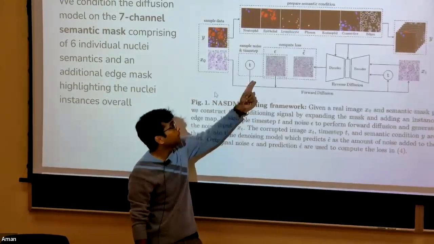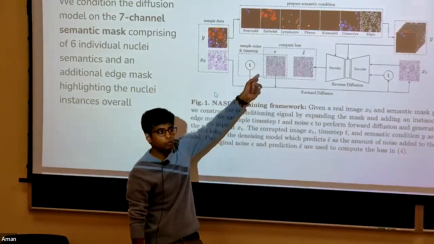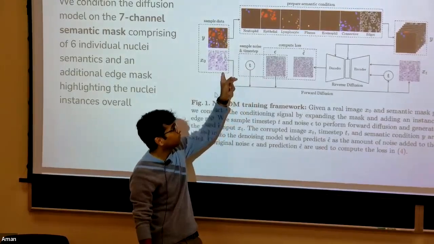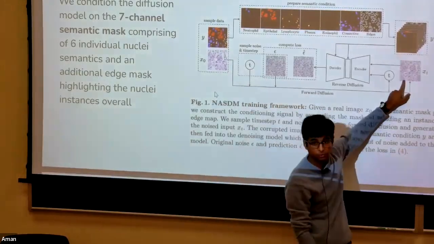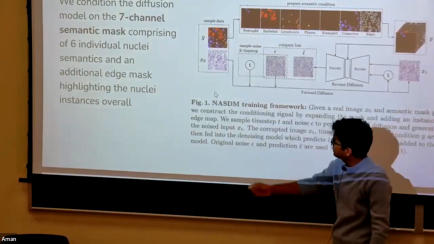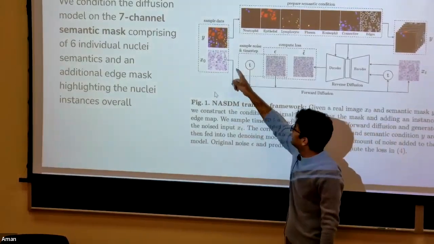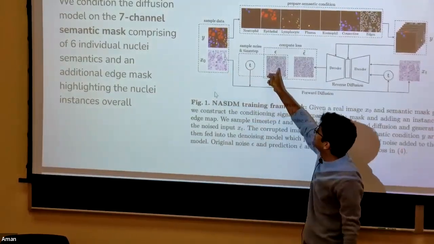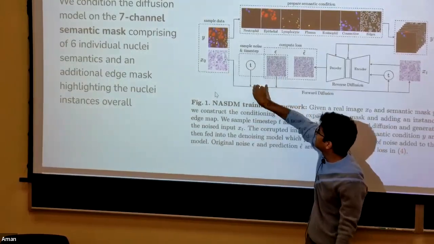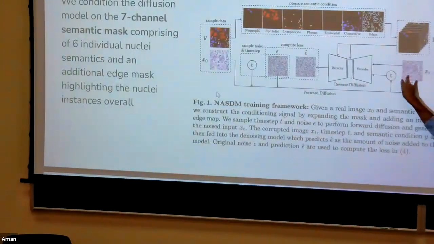You add T time steps worth of noise into this image and get a noisy version of the image, right? That makes sense? You take the time step, you take the original image, and you take the noise, and you use all of these three together in the forward diffusion process to give a noisy version of the image.